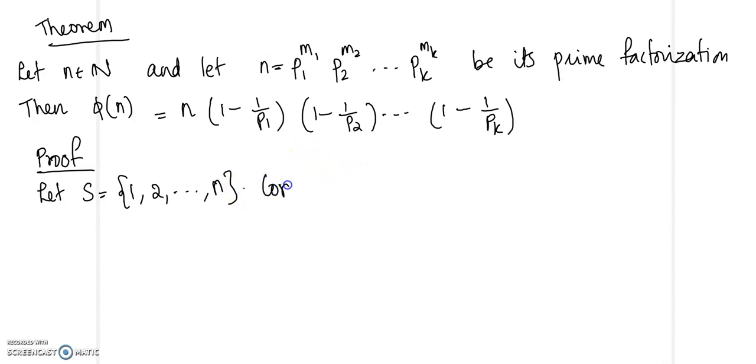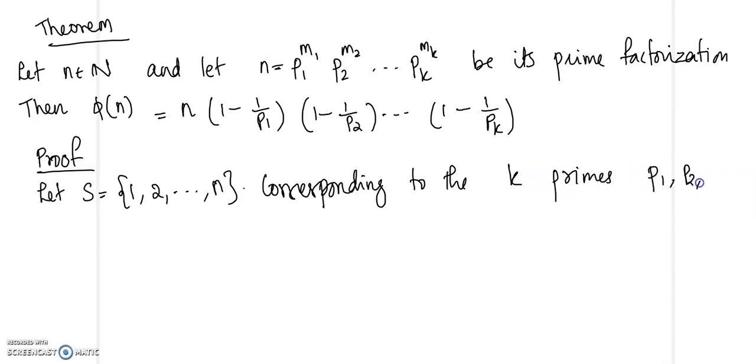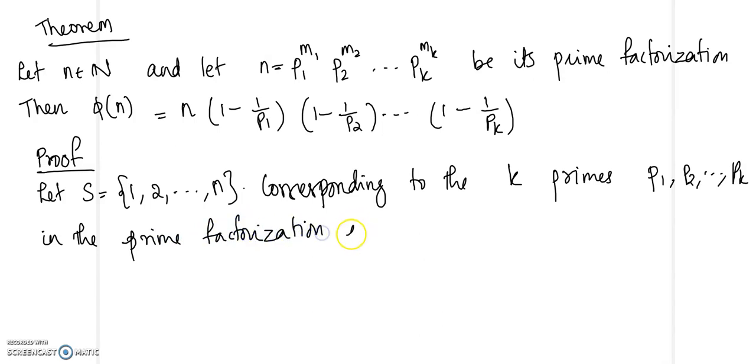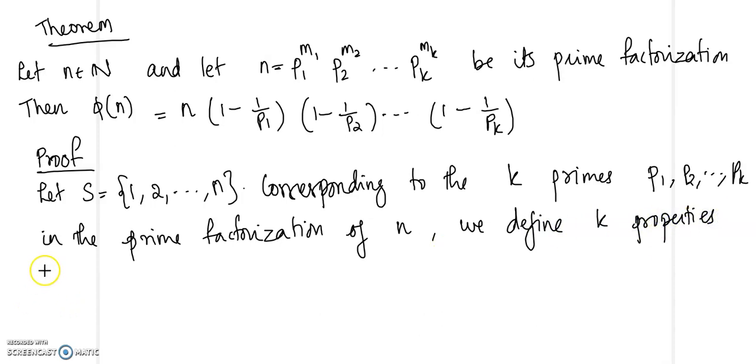So corresponding to the k primes p1, p2, etc. pk in the prime factorization of n, we define k properties P1, P2, etc. Pk as follows.